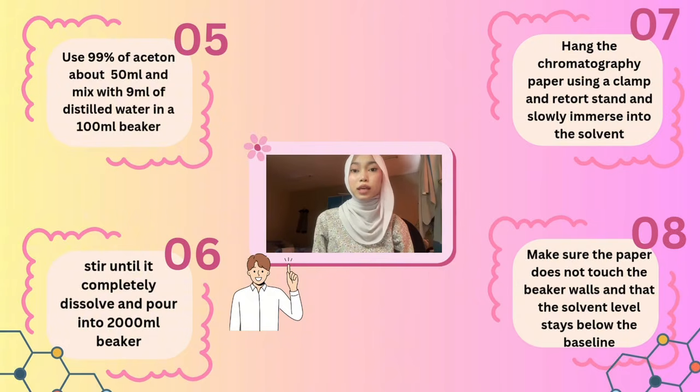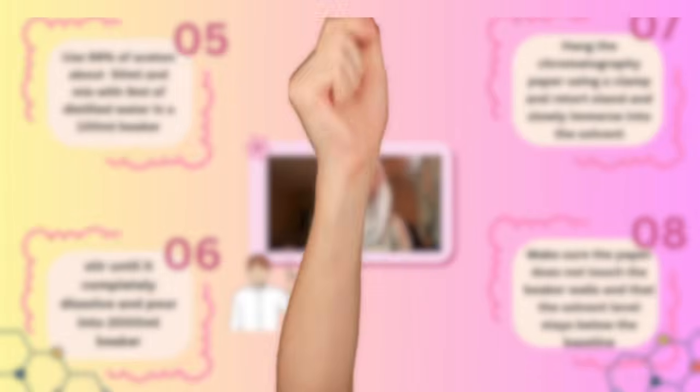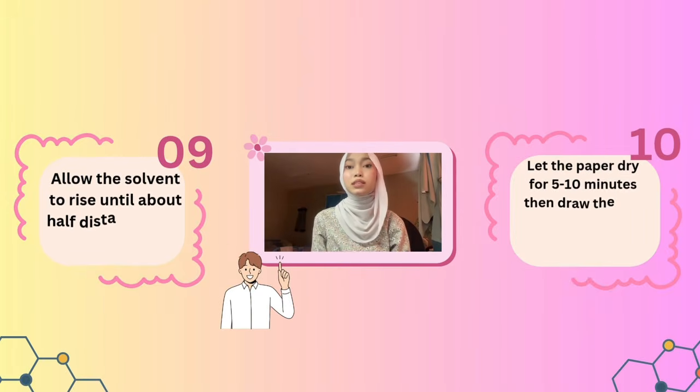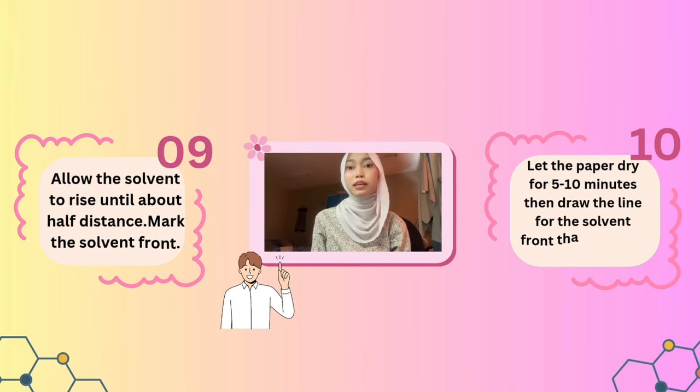Next, make sure the paper does not touch the walls of the beaker and ensure that the solvent level stays well below the baseline. Allow the solvent to rise until it reaches about half the distance of the paper and then immediately mark the solvent front. And lastly, let the paper dry for 5 to 10 minutes. When it's dry, draw a clear line across the solvent front that has been marked.